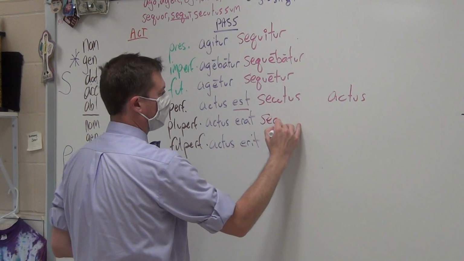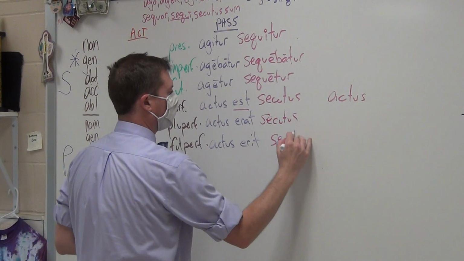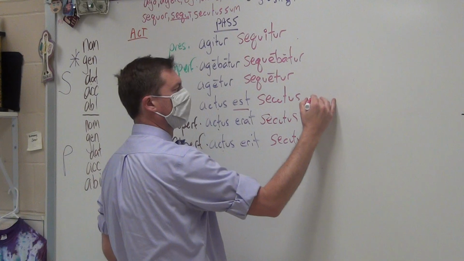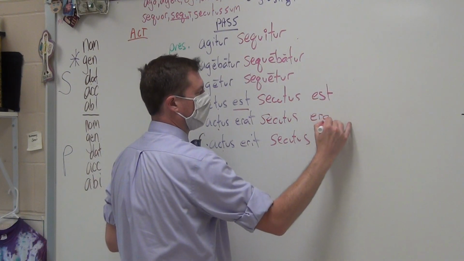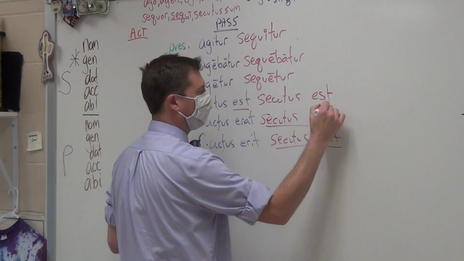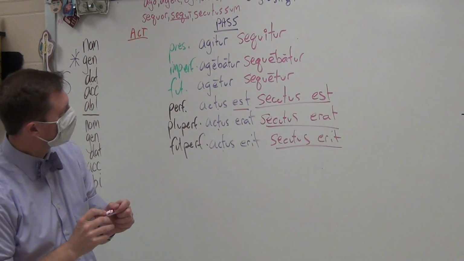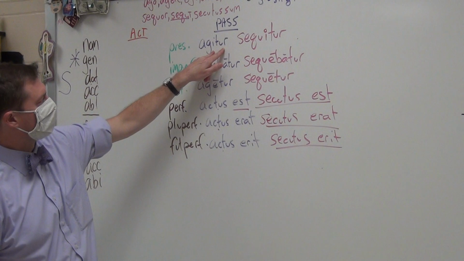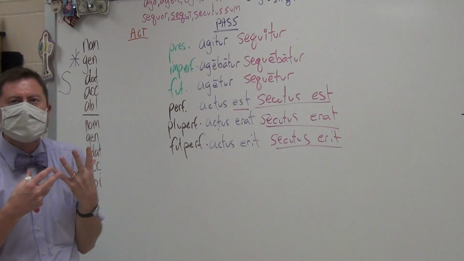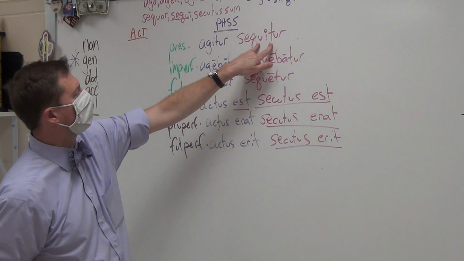And then we have secutus again, just like we have ductus, ductus, ductus, and then pair it up with the present and the imperfect and the future of the verb to be to create the whole periphrastic. Nevertheless, he is driven, he follows. He is not followed, because it's deponent, you translate it actively.